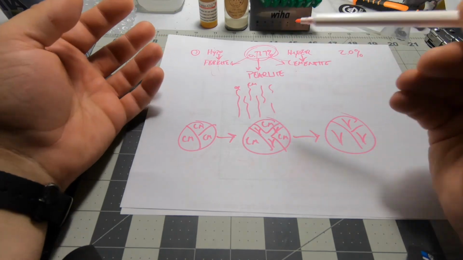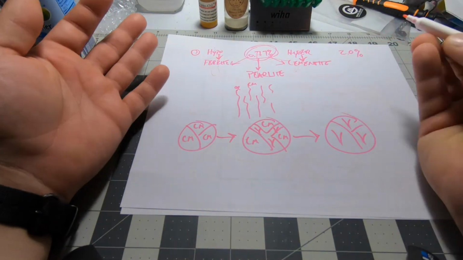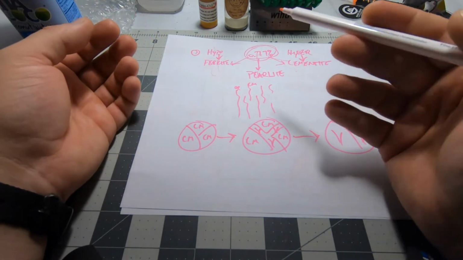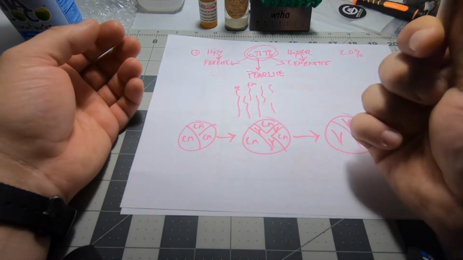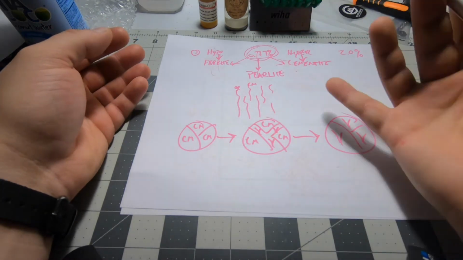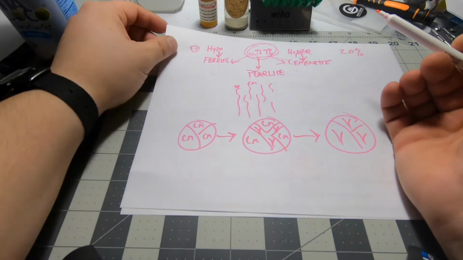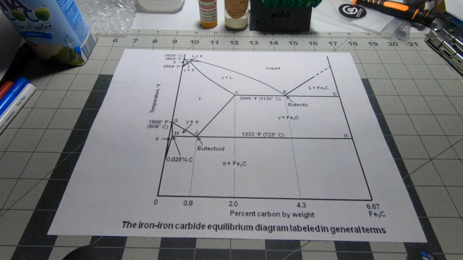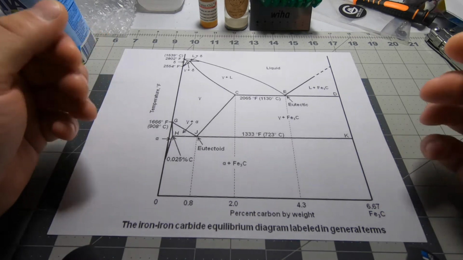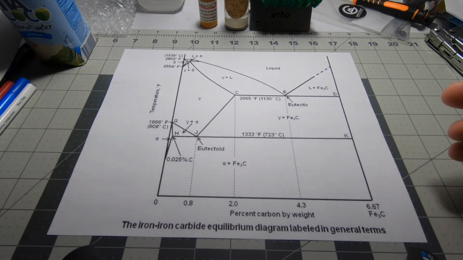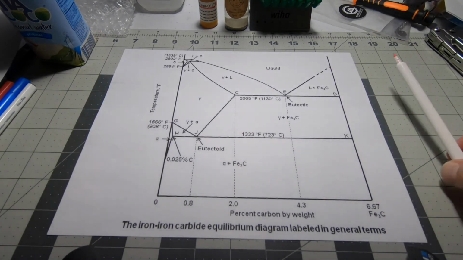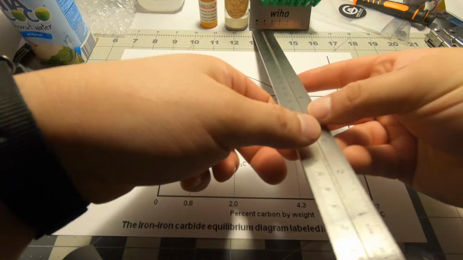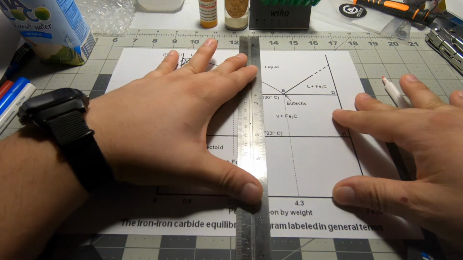I'm talking about cooling from our 1670 degree temperature down to, you know, 1,000 degrees or something like that. So what does that look like? Glad you guys asked. It looks like this. Since most steels that we deal with in knives are not going to have a carbon content greater than 3 or 4%, I guess we can get rid of that part.